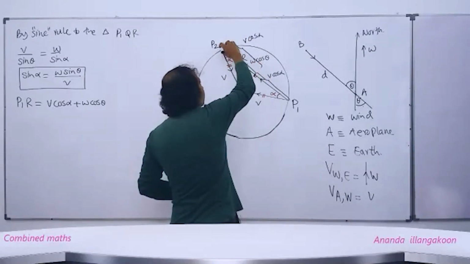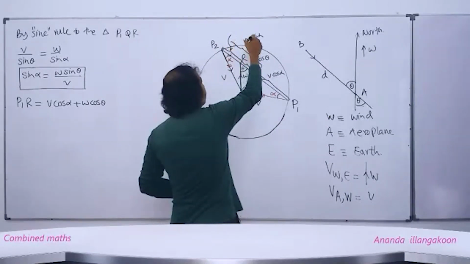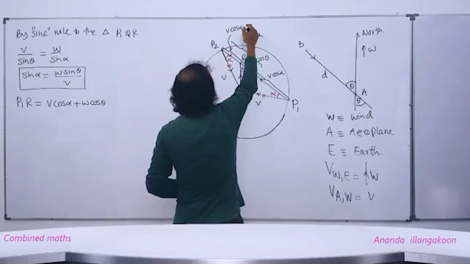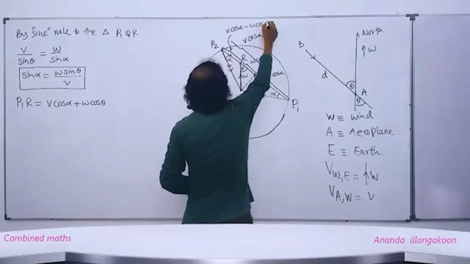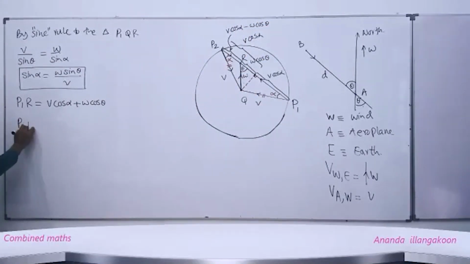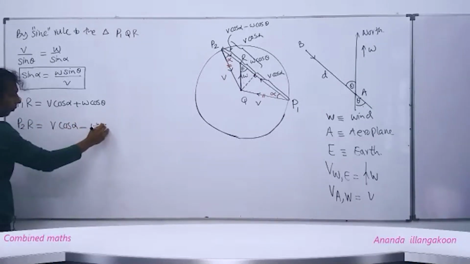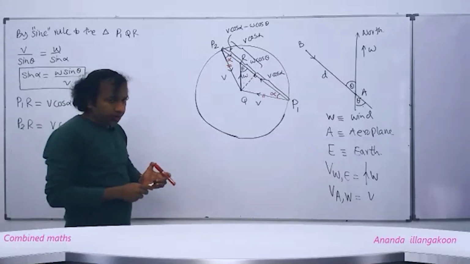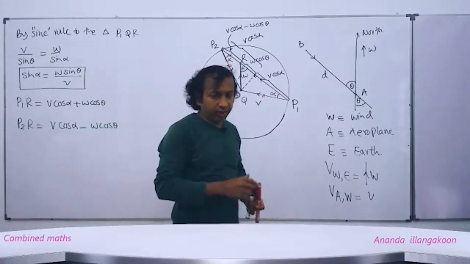Then this remaining part is V cos alpha minus W cos theta. So P2R is V cos alpha minus W cos theta. Those we obtained from the velocity triangles.